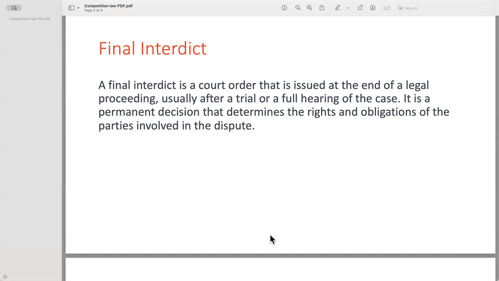Let's say, for example, in the case of that noisy neighbor that I have, the matter went to court, and when the court has made its decision, they can issue a final interdict that says, hey, Mr. Noisy Neighbor, you are not allowed to play loud music at any time after 8 p.m. between Monday and Friday. That would be a final interdict so that Mr. Noisy Neighbor wouldn't do that again.